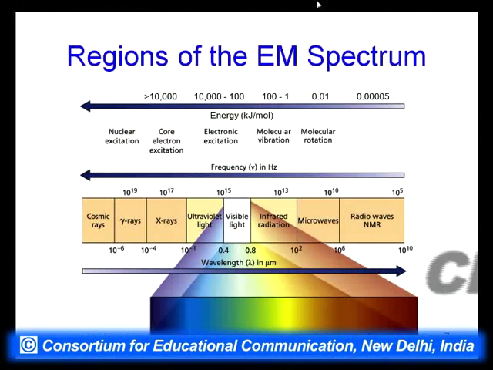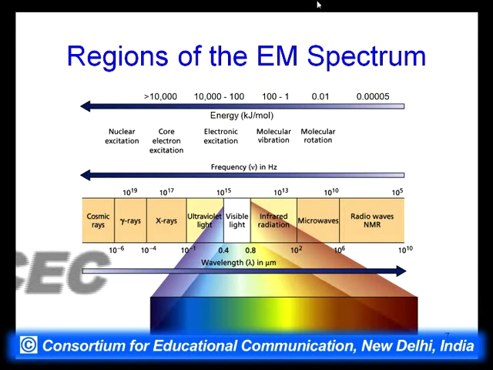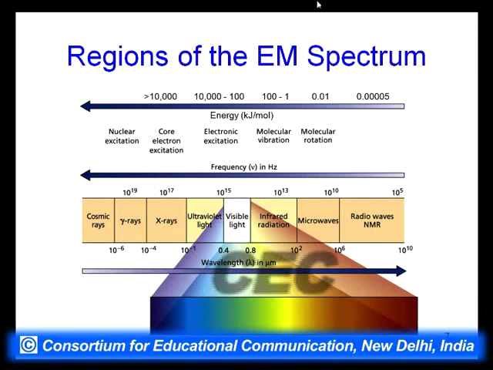To cause transitions in these requires more energy, and X-rays have enough energy to cause this. X-rays cause other kinds of transitions also, scattering, photoelectron and so on, but we will not worry about these right now. Then we have the gamma rays where nuclear transitions take place, and the cosmic rays where even higher energy transitions take place. So we have different regions of the electromagnetic spectrum, and depending on the different regions, we have different kinds of spectroscopy that we study.